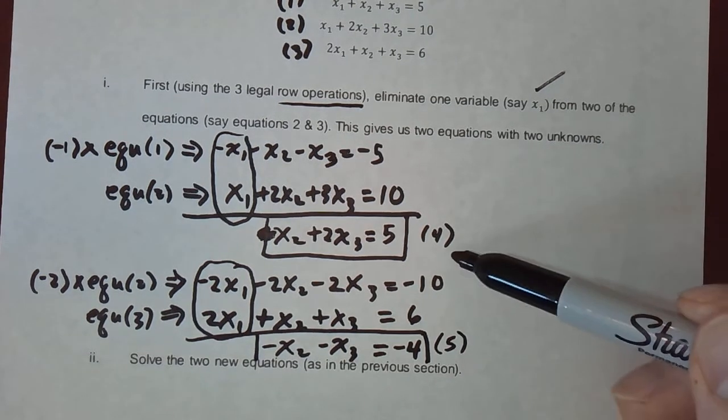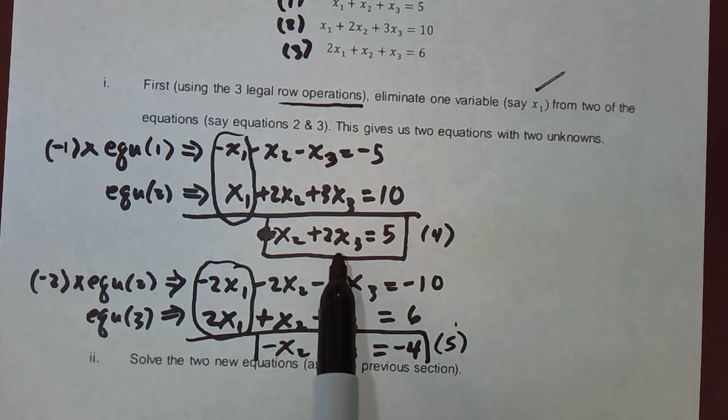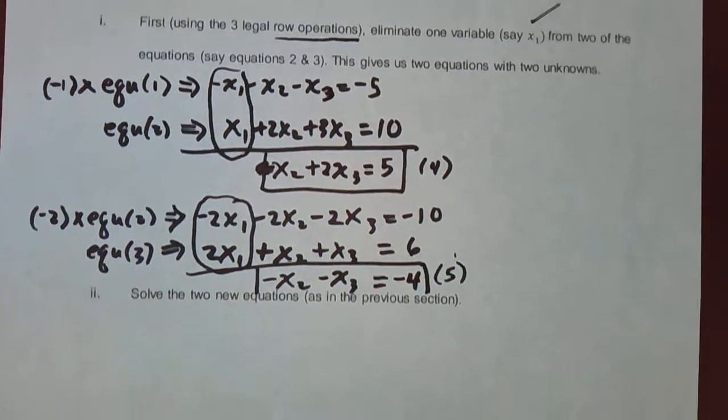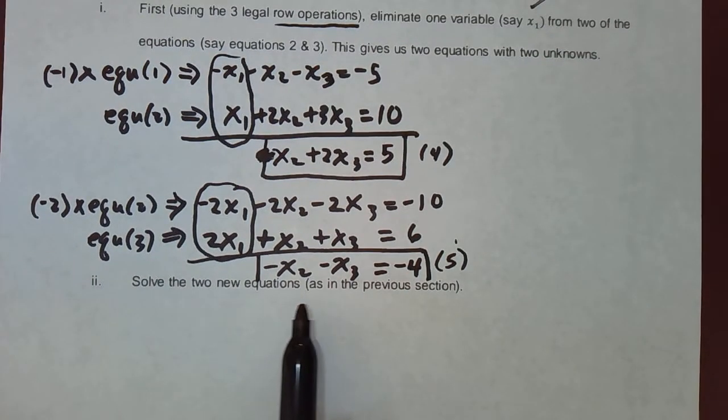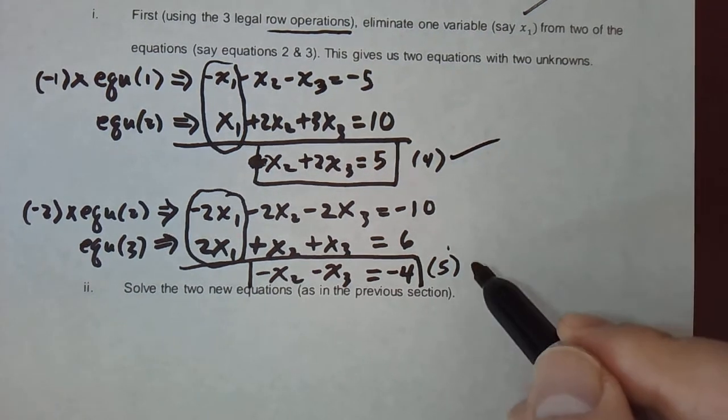So we have a new equation number 4, a new equation number 5 that both have the same 2 variables. So it's simply a system of 2 variables with 2 unknowns, and we'll solve these two just like we did in the previous section. So in part 2 of this problem, it says solve the 2 equations as in the previous section. That means this one and this one.